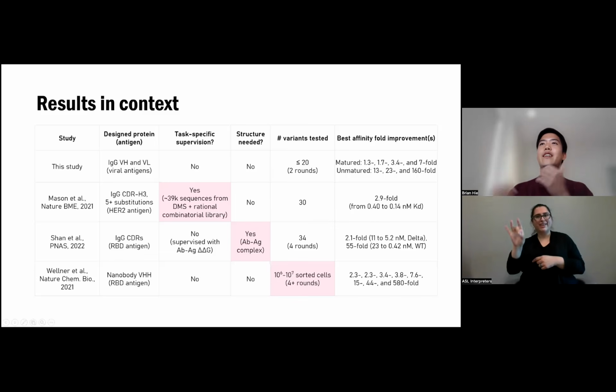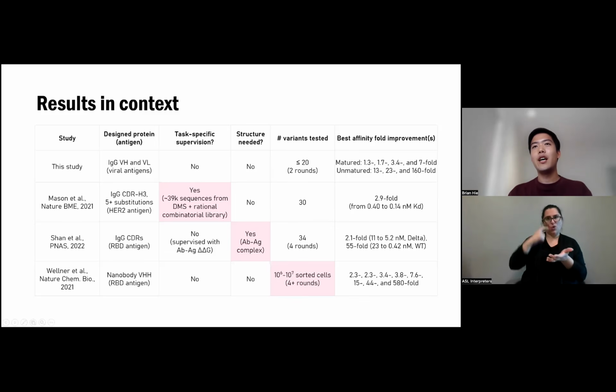It's very cool that we're in the range of all of these technologies, but each of these technologies involves a very highly resource intensive component: making a mammalian cell surface display library to train a model, or sorting cells that are continuously evolving, or sometimes the complex requires structure determination, and sometimes that might not even be available.